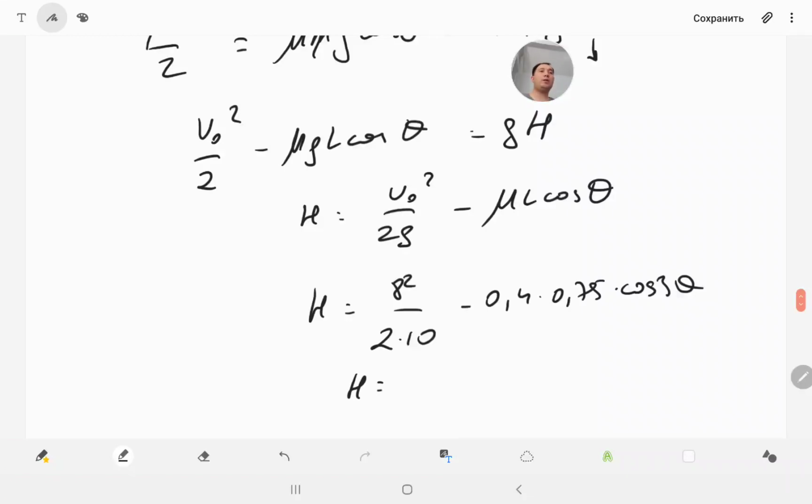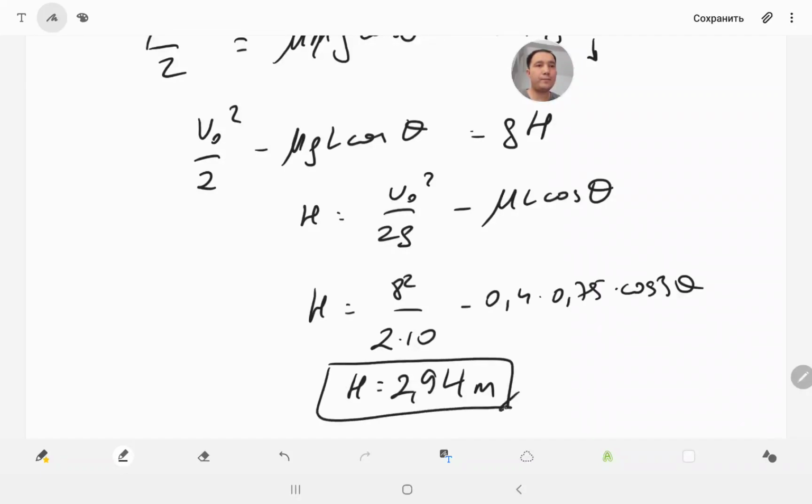So the maximum height that this object can reach equals 2.94 meters. Hope this lesson was useful. Thank you for watching.